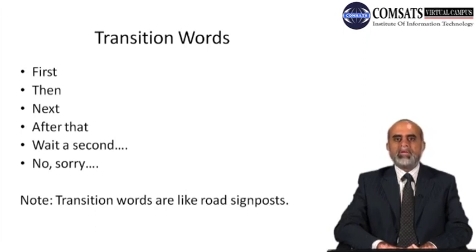These signposts would inform you where the hotel or restaurant is, where the fuel station is, how far is the next toll plaza, etc. These signposts tell you as a traveler, they inform you.